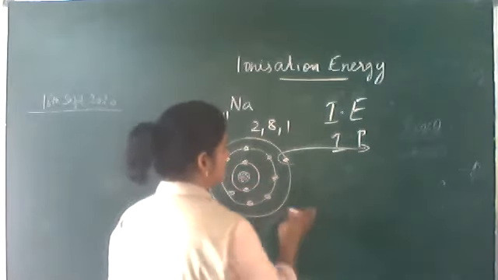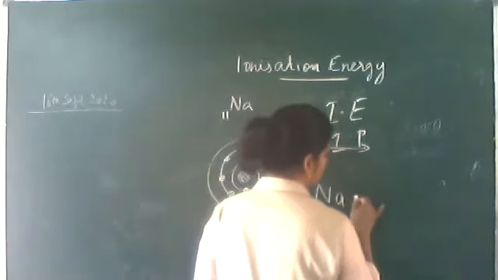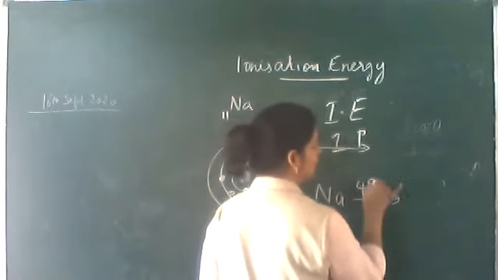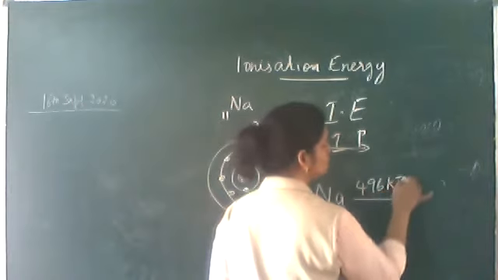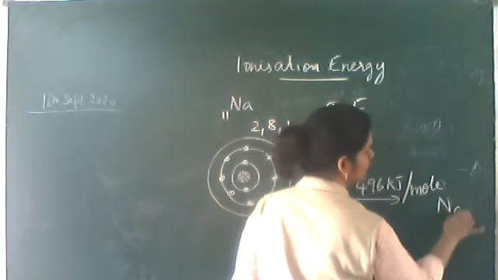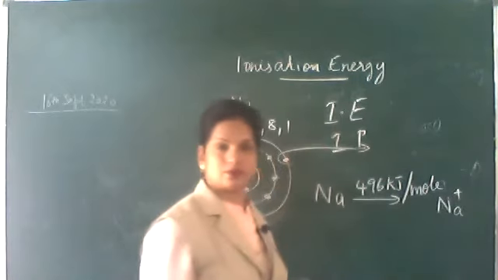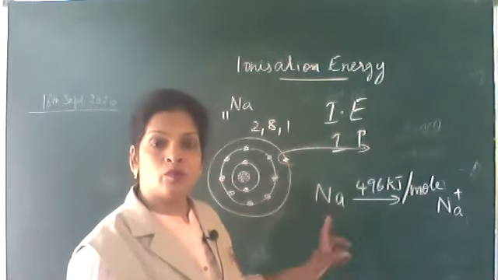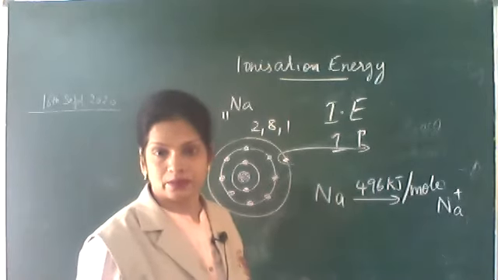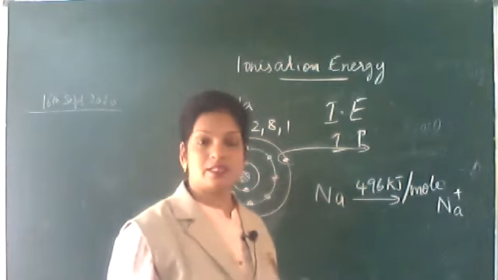So here sodium, we give 496 kilojoules per mole. So sodium will become Na plus. 1 mole of sodium atoms will become 1 mole of Na plus.